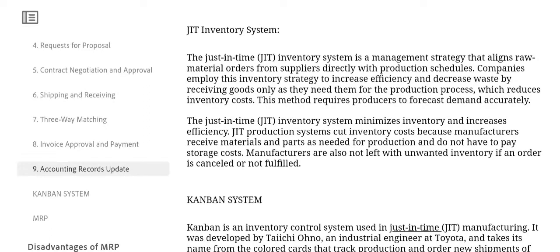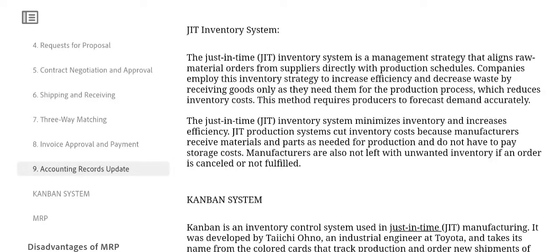Whenever you require a material, purchase it at that time only. You don't have to maintain the stock, you don't have to do all the things which we have already discussed. So basically this is the just-in-time inventory system, where whenever you want the material, you just go and buy the material. So that comes with JIT.